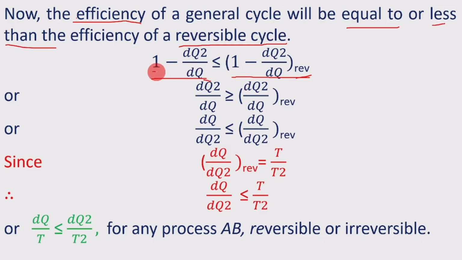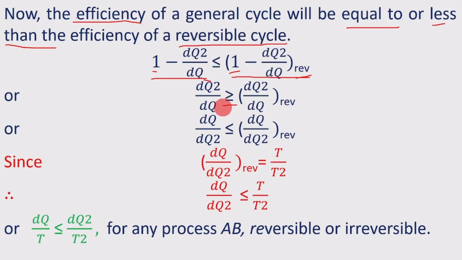If you eliminate the 1 from both sides, we can write dq2 by dq is greater than or equal to dq2 by dq reversible. The greater than sign comes after eliminating the minus 1 from both sides.